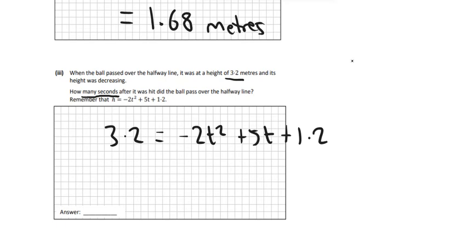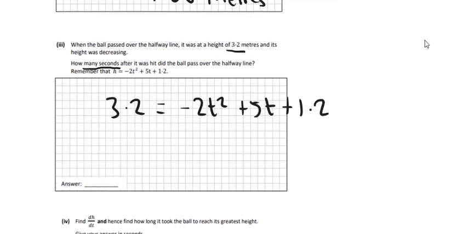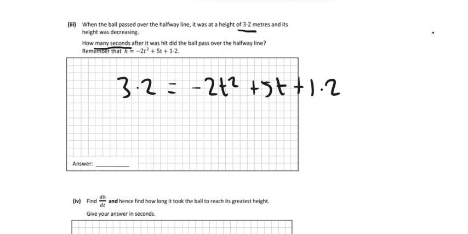And now we have to move things around to turn it into a quadratic. So let's move the minus 2t squared over to the left. Let's move the 5t over to the left, and then let's move the 3.2 over to the right. So you're going to get 2t squared minus 5t.